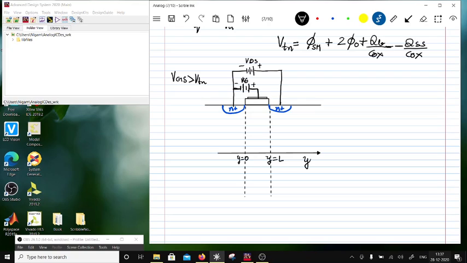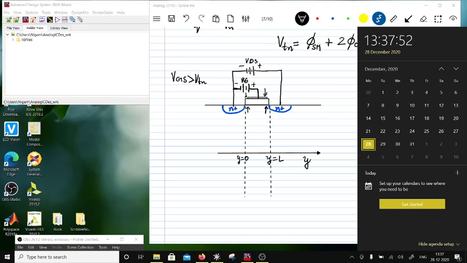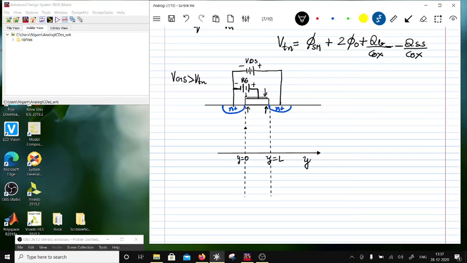When we apply VDS, the net potential across the channel, over here on the source side, will be VGS minus VTN. So let's say it's over here, this is VGS minus VTN. Let's say VGS minus VTN is a quantity.